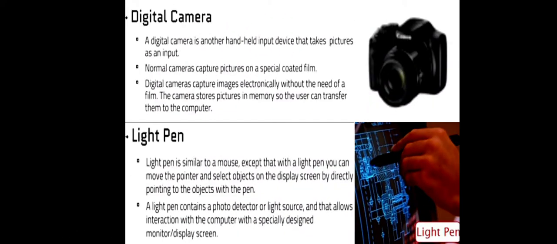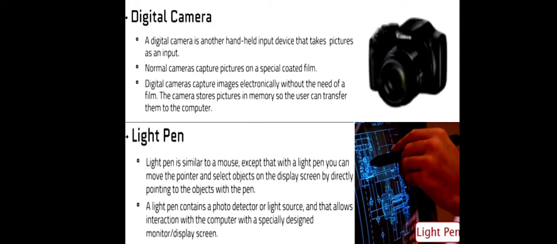Digital camera and ordinary camera are just alike, but the major difference is an ordinary camera uses special coated film, but digital cameras capture images without the need of film. It stores the pictures in the memory so that we can use them whenever needed.